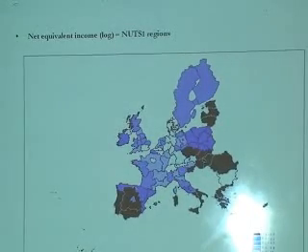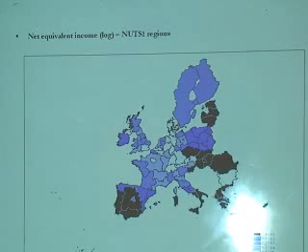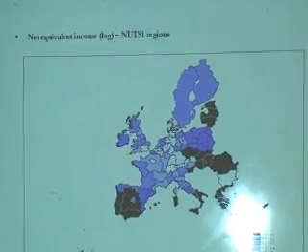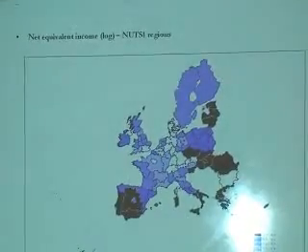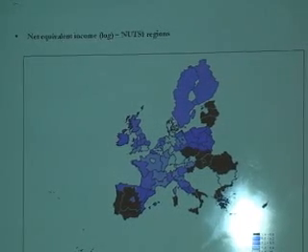Now, so far we have talked about monetary poverty, but let's have a look at richness or welfare. Here I have reported the net equivalent income at regional level in logarithm terms, because we have modeled this variable, but of course it doesn't change if I had put the real net equivalent income.